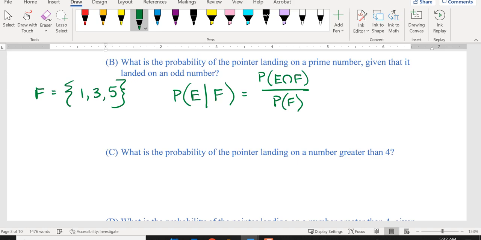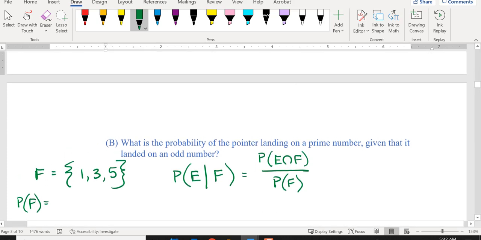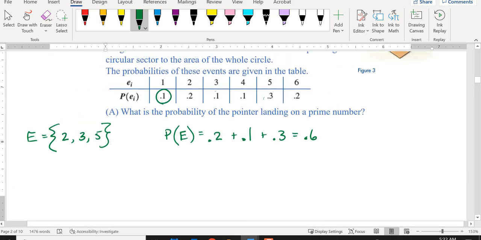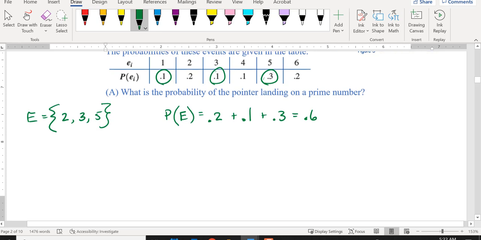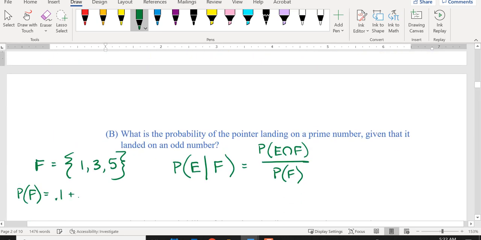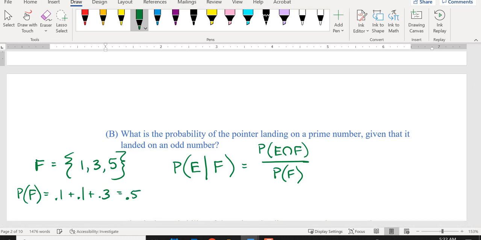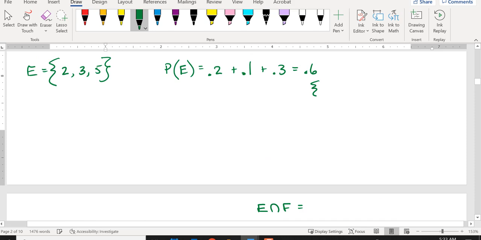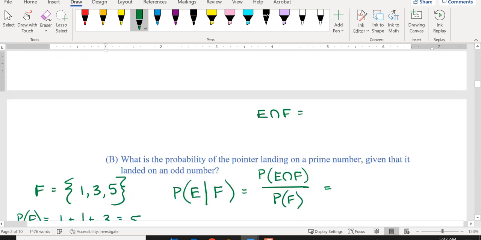Okay, what's the probability of F? Probability of F would be 1, 3, and 5, so you have 0.1 plus 0.1 plus 0.3, which is 0.5. All right, probability of E and F. What's in E and in F? E is 2, 3, 5 and F is 1, 3, 5, so it would be just 3 and 5.